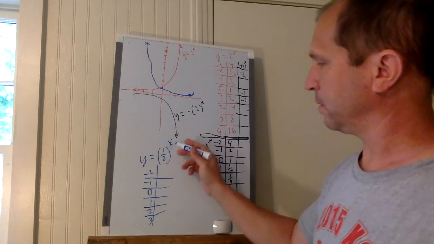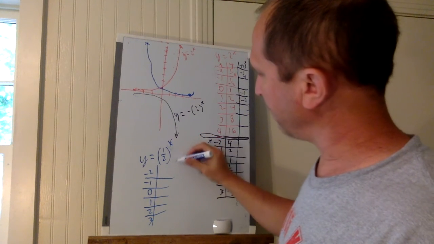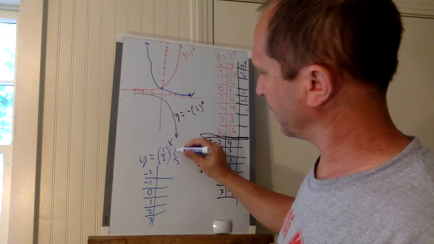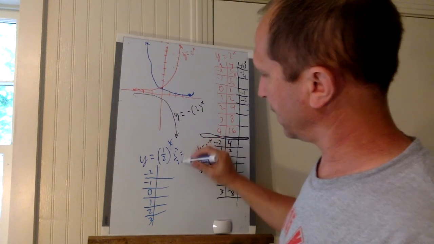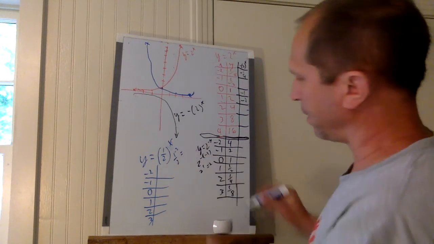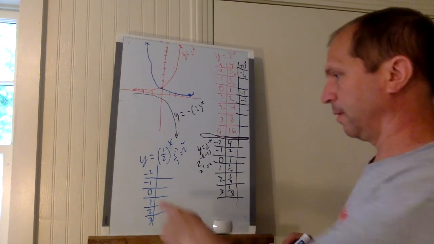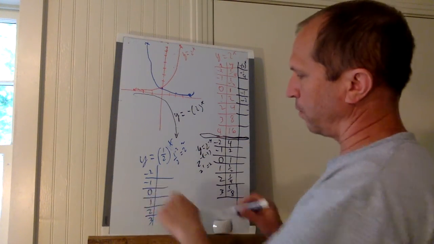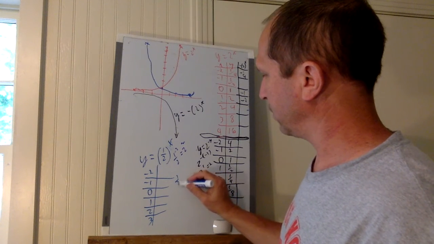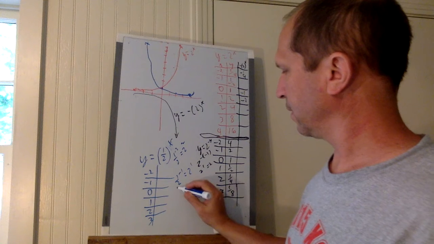All right, we've got 1/2 to the negative second. Well, 1/2 to the negative second is the same thing as, again, you've got the negative exponent, so they flip around to become positive. So it's the same thing as 2 to the second. 1/2 to the negative first is the same thing as 2 to the first.